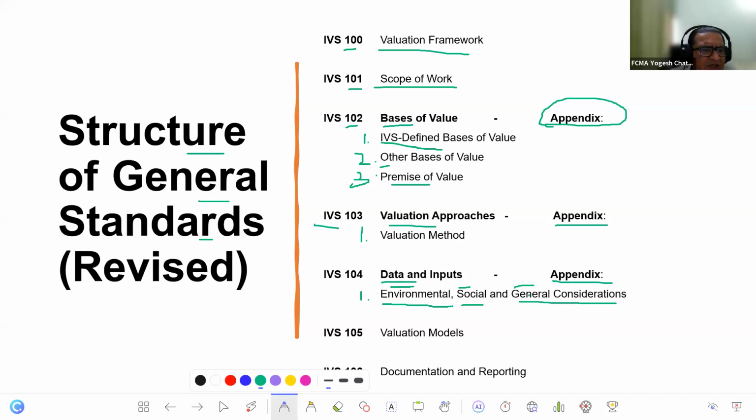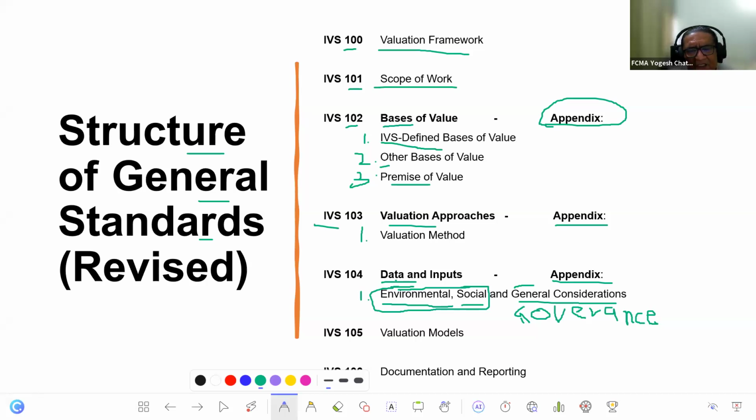After Satyam in India, we have become familiar with the corporate governance standard. So that is not new for us, but the environmental and social consideration in a valuation assignment is probably going to be mandatory going forward, and that is going to be challenging also.